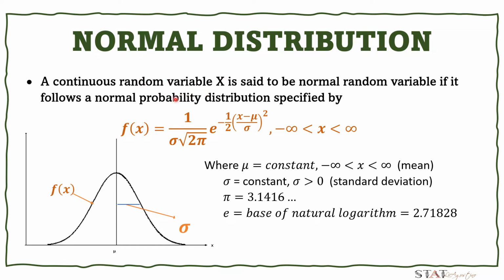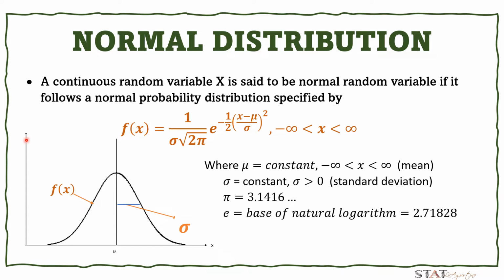So this normal distribution: a continuous random variable x is said to be a normal random variable if it follows a normal probability distribution specified by a function f of x is equal to 1 over sigma square root of 2 pi e to the power of negative 1/2 multiplied to x minus mu over sigma quantity squared. Note that the value of x is from negative infinity up to positive infinity.